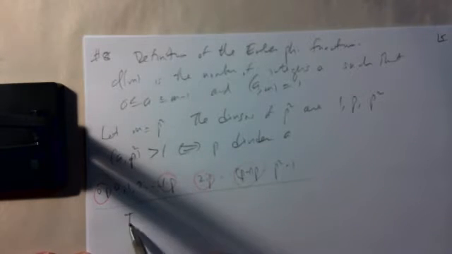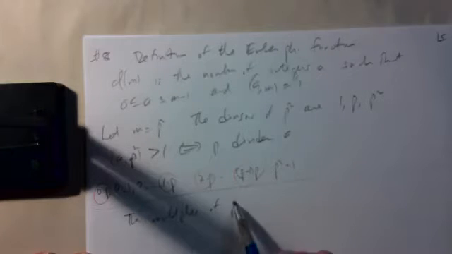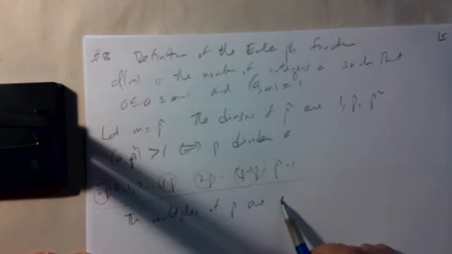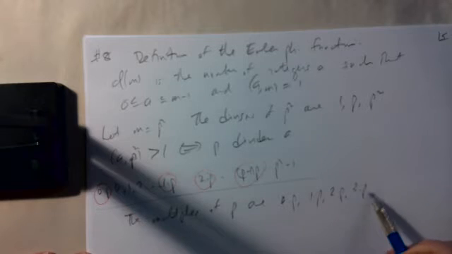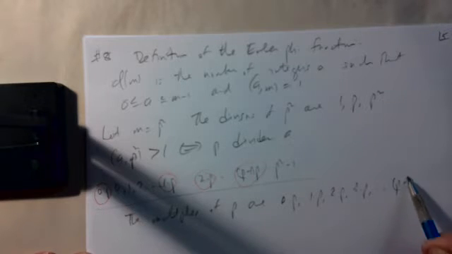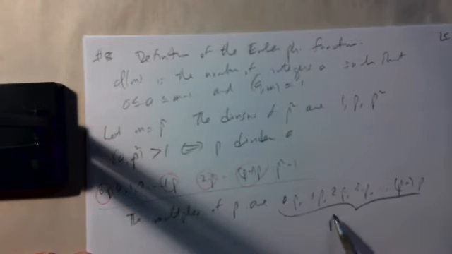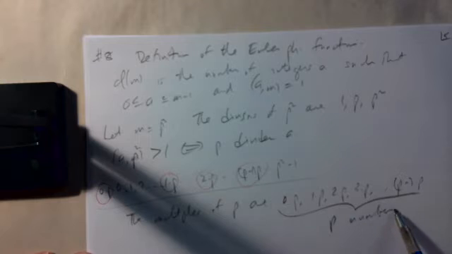So the multiples of p are 0 times p, 1 times p, 2 times p, 3 times p, up to p minus 1 times p. And these are p numbers.